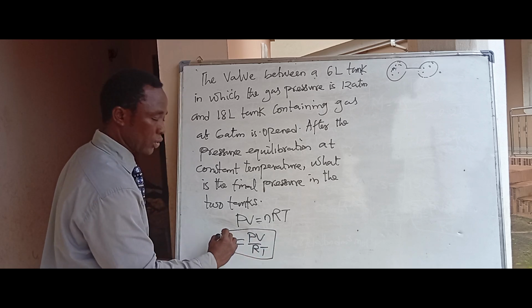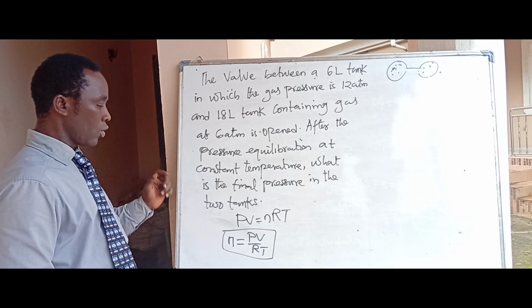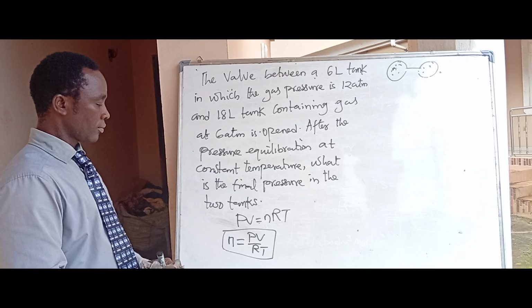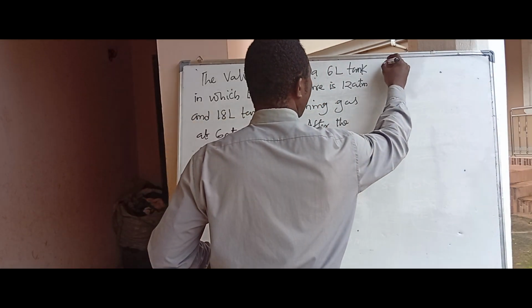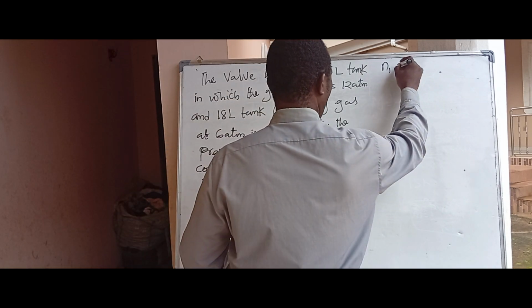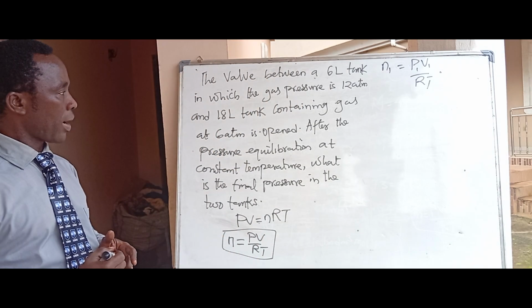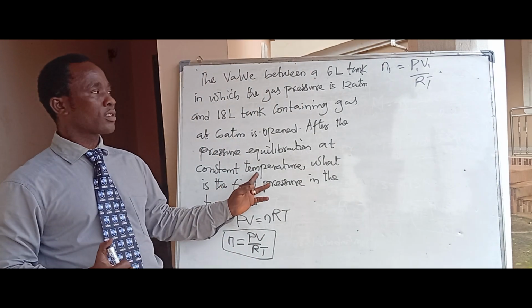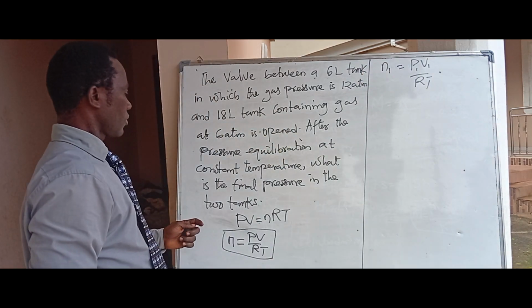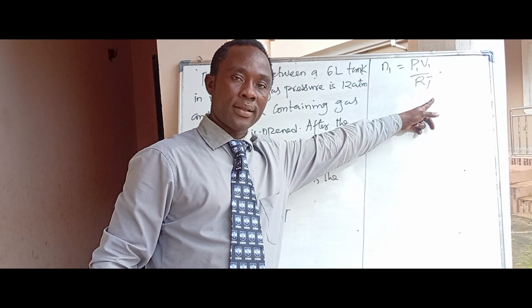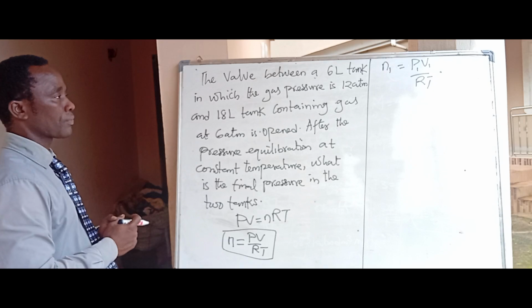Now, let me get the number of moles of the first gas, N1, which equals P1V1 over RT. Remember, this was done under constant temperature, so we are not going to take T1, because the temperature is constant all through the experiment, as we were told.